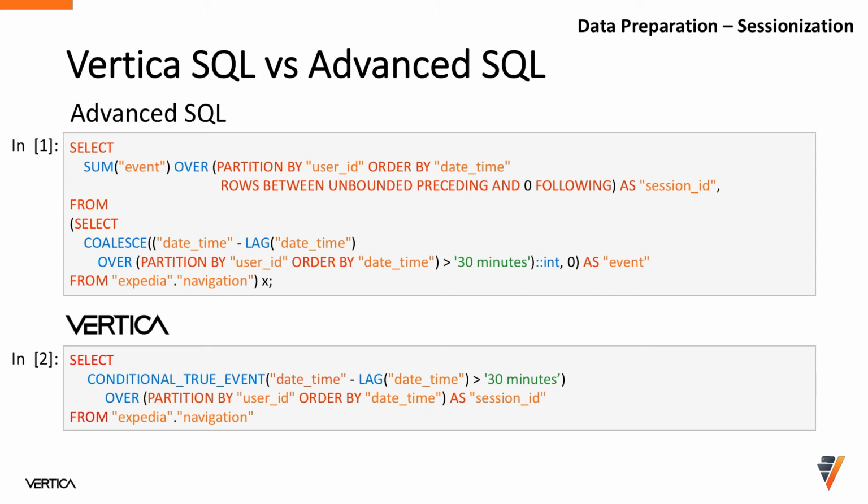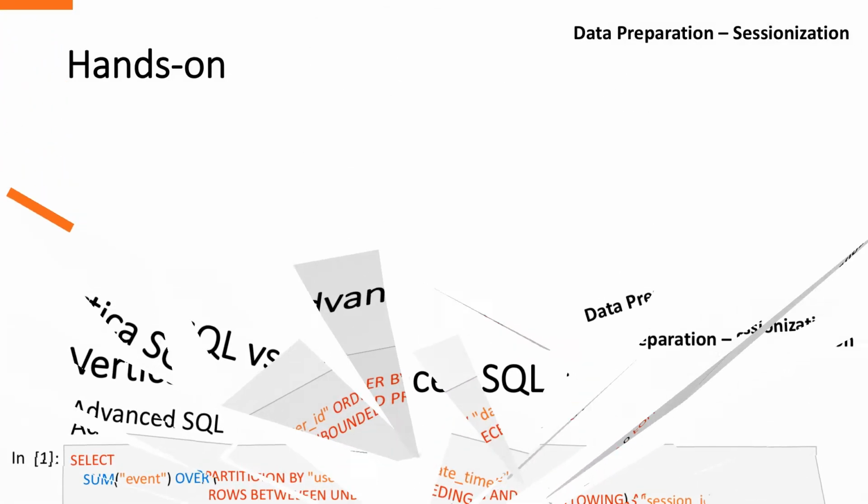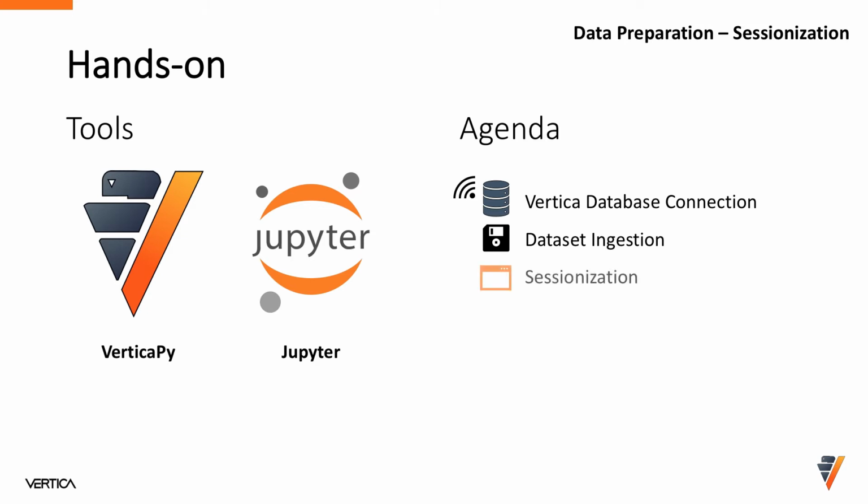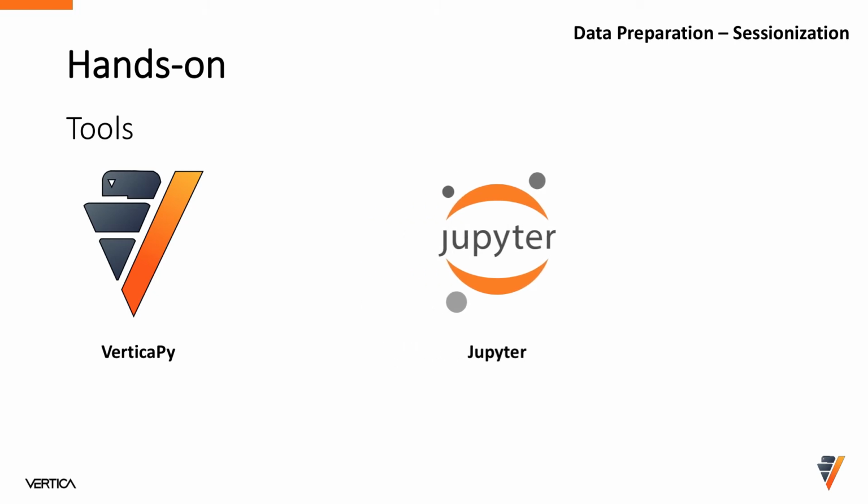It will be even simpler in VerticaPy. To understand how to do sessionization in VerticaPy, let's use VerticaPy and Jupyter. We will see how to create a database connection, ingest a dataset, and pre-process the data using sessionization. Let's go!